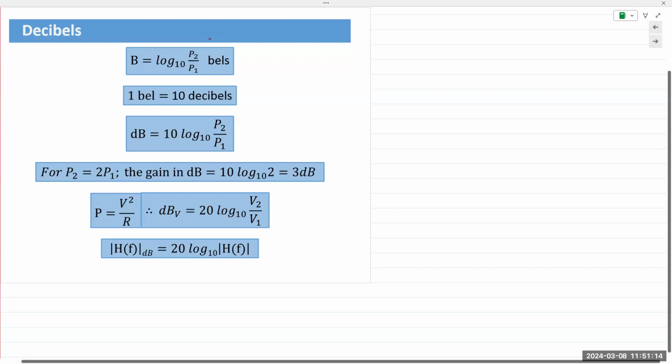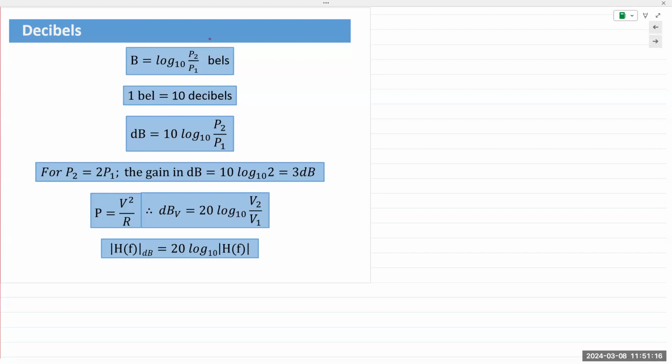Then they came across another problem, so they needed smaller divisions for each bell. And so they divided it into 10 further parts. Everyone remember the unit prefix table from day 1, 9 weeks ago? Deci, centi, milli. Milli is a 1,000 part. Centi is a 100 part. And deci is 1/10.